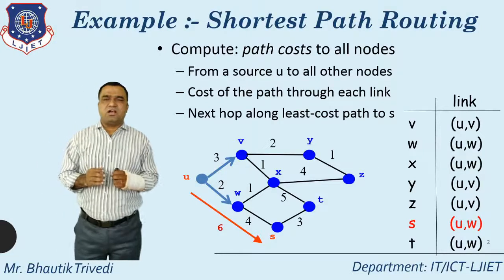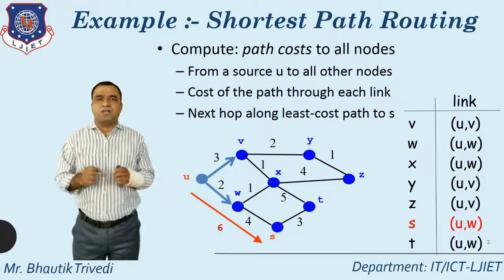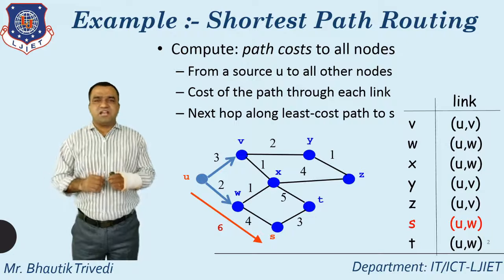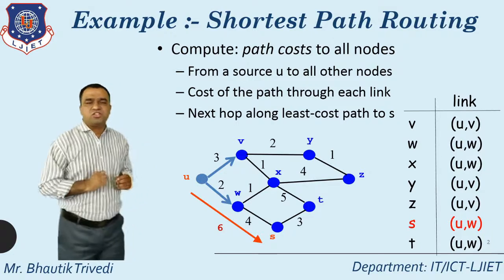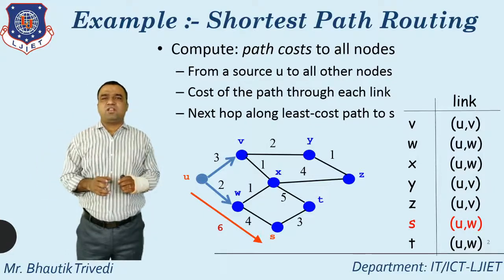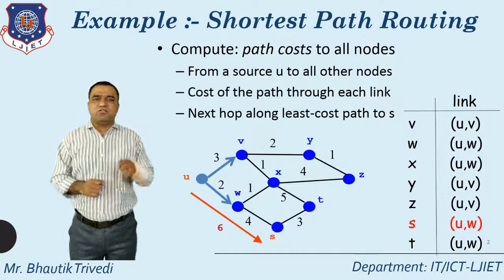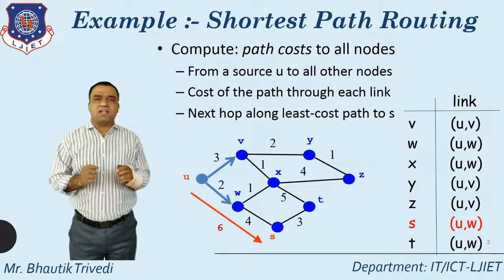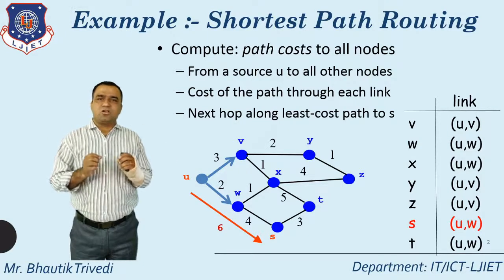Here I directly compute the path cost to all nodes. Here I decide one source node. Which node as a source node? U as a source node, and then from this particular source node to all other nodes, I directly measure the costing.